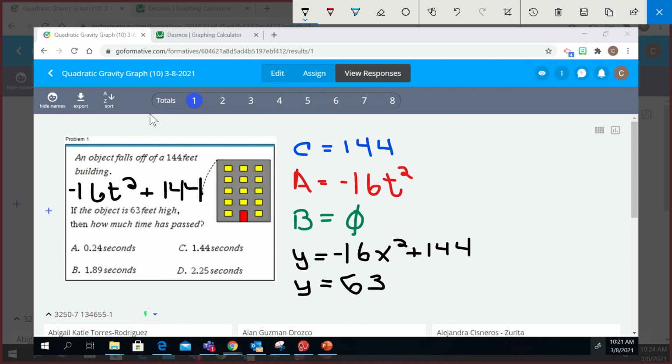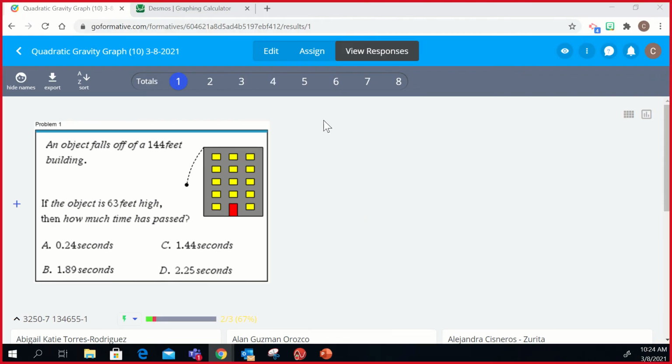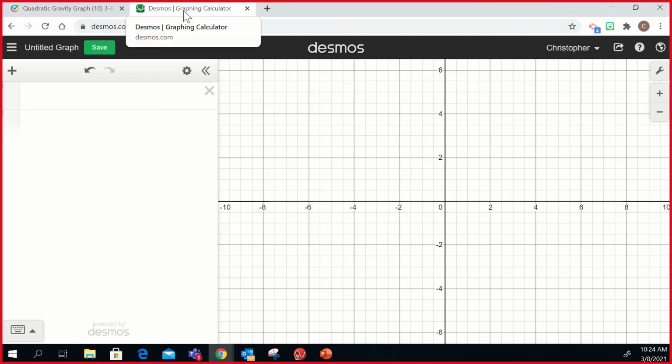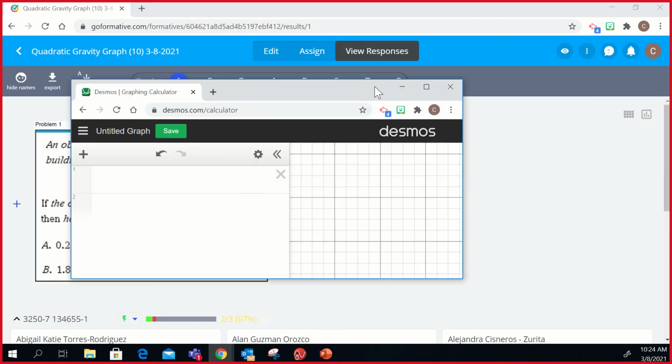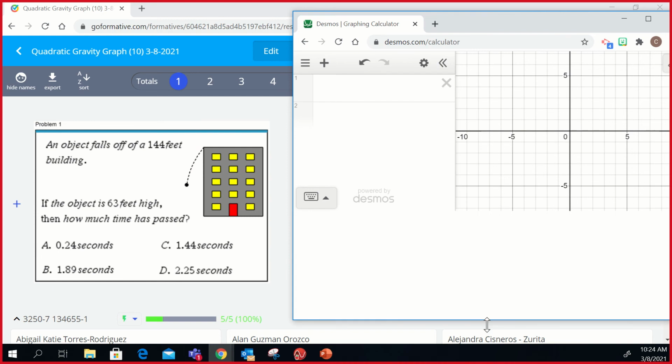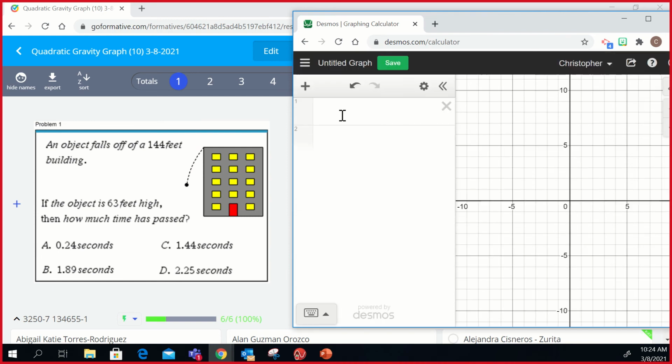So I'm going to go to my Desmos, as much as it likes me. So in Desmos, I usually do it apart, so I can have both of them up. There we go. Is that one next to another?